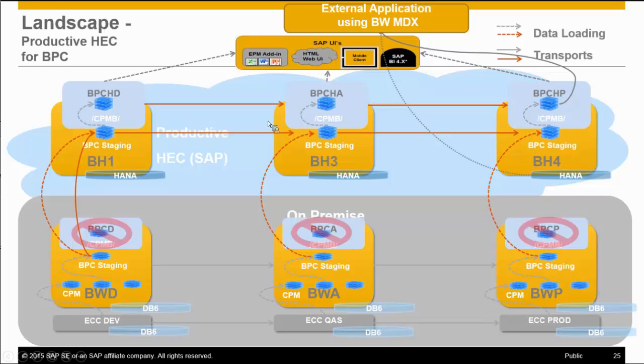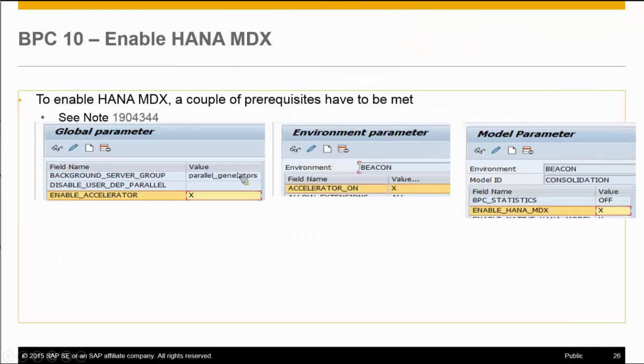So just to say that the HANA MDX interface is also pretty open. It's not limited to connecting BPC and BW to use it, but also external applications can leverage the interface. Here are some quick screenshots about how to enable HANA MDX. There's a note for that. You have to, of course, enable the global parameters that allow acceleration into HANA in general.